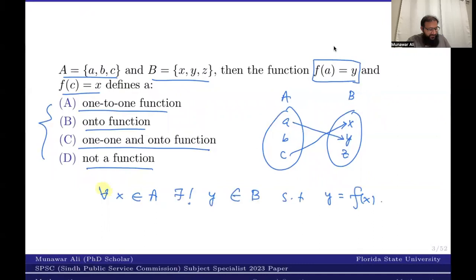One is, for all x in A, there is a unique Y in B. These 2 things are really important when we check whether a relation is a function or not. When we see that A is mapped to something, C is mapped to something, but B is not mapped to anything in the other set, we say that this is not a function. So the correct option is D.